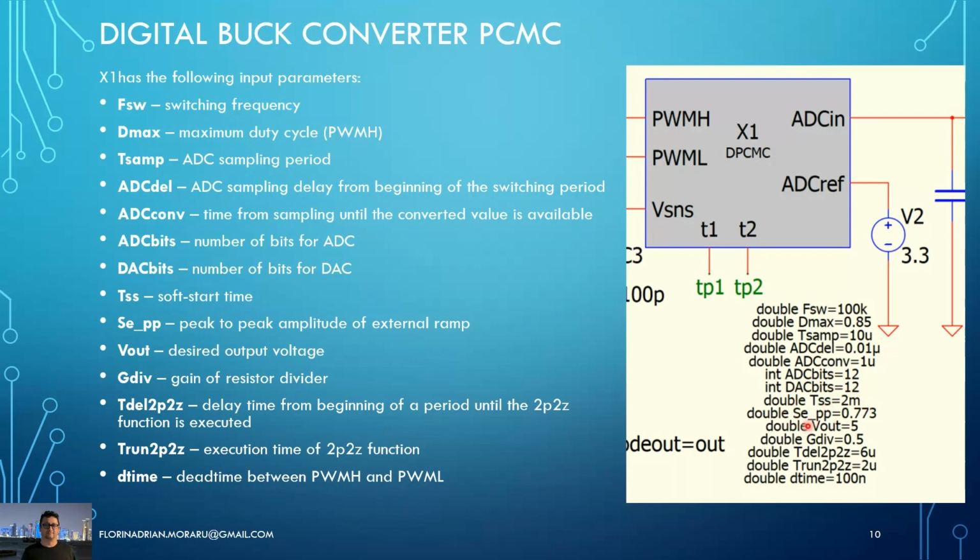Then we have the number of bits for the ADC and number of bits for the DAC. We have the soft start time. We have the peak-to-peak amplitude of the external slope. We have the desired output voltage, the gain of the resistor divider, and here T del 2P to Z is actually the delay time from the beginning of a period until the 2P to Z function is executed, and T run 2P to Z is actually the execution time of the function, or the linear difference equation.